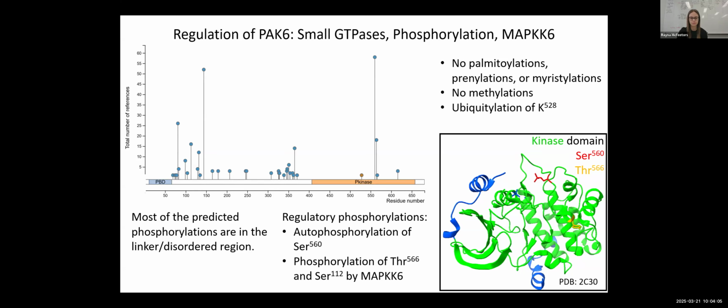There's predicted to be one ubiquitination and many phosphorylations, primarily in that linker region, as seen on the lollipop plot. Monophosphorylation of serine 560 and phosphorylation of threonine 566 by MAP kinase 6 contributes to the activation of PAX6. And there are possible PIP stops in the linker region due to the disordered membrane binding regions.